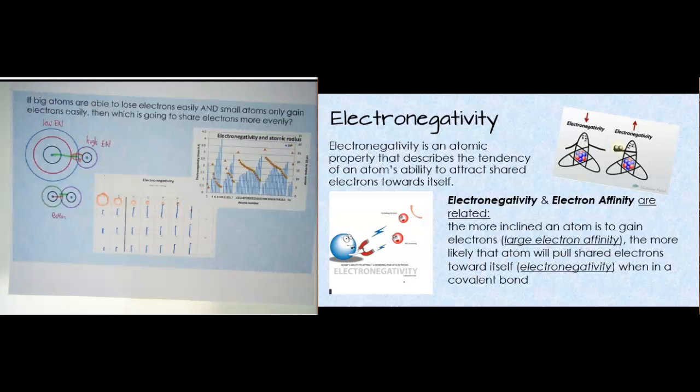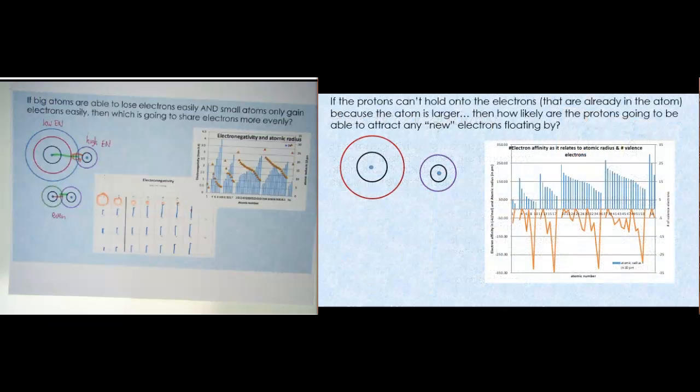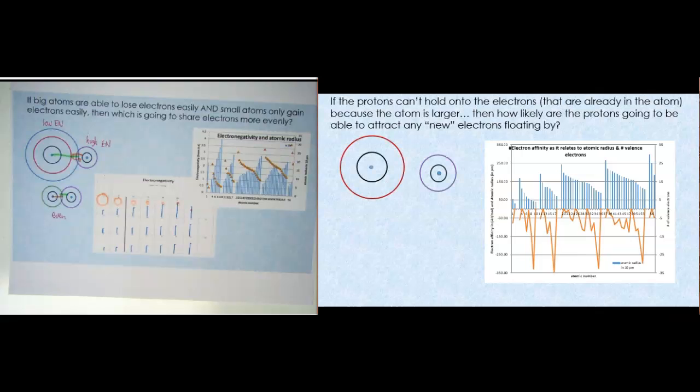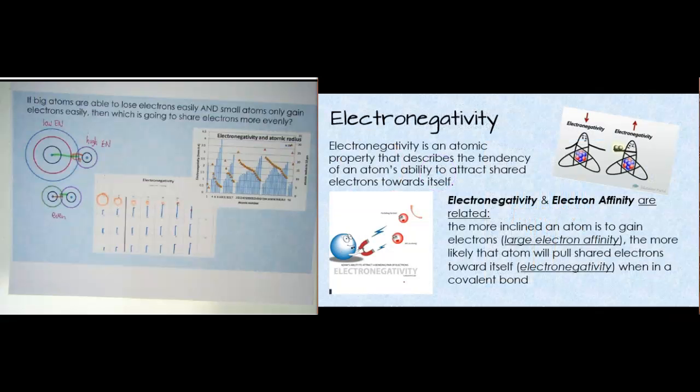Loose electrons is electron affinity. Electron affinity is when it adds electrons to a gaseous element, it's not ones that are there, it's one that pulls in from outer space. Electronegativity, guys, is when they share electrons and they pull on them harder than the other guy.